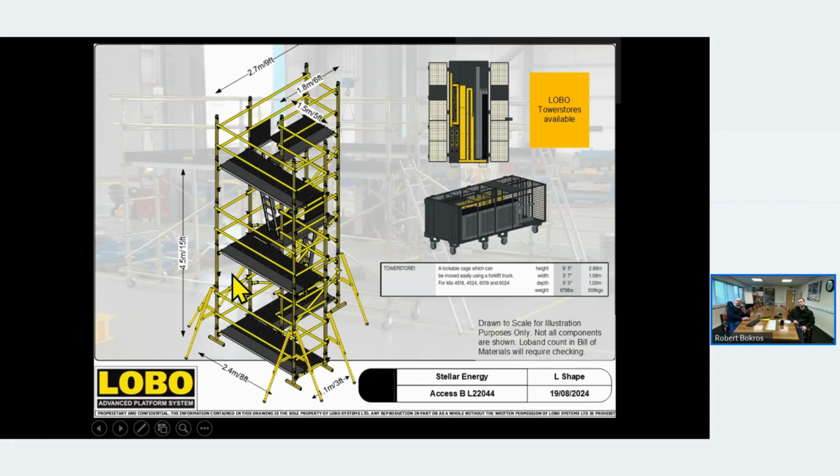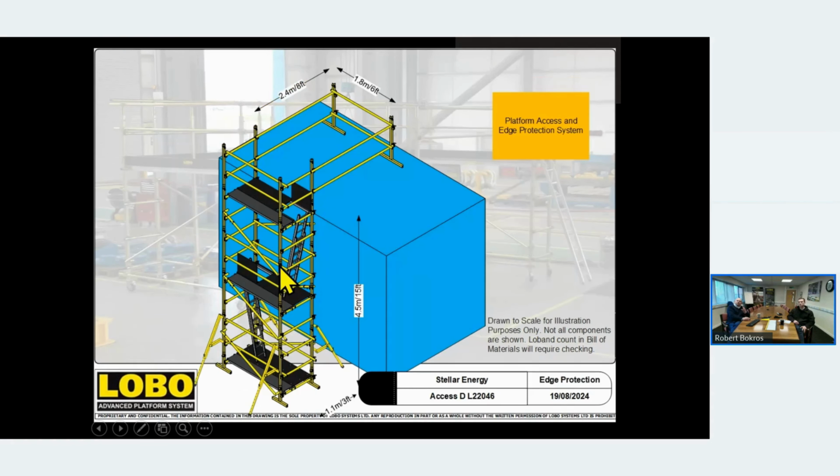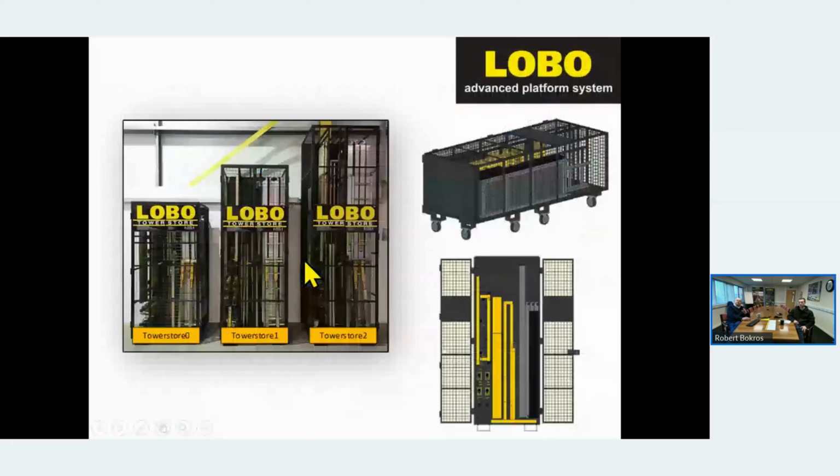Once you'd approved the drawings, and this is a typical drawing, we'd convert them into a pool of kit, or a consolidated list, which means you can build any one of these systems at any one time. Once we know that, we can right size one of our tower stores to fit the system in so that you can secure it away after use.